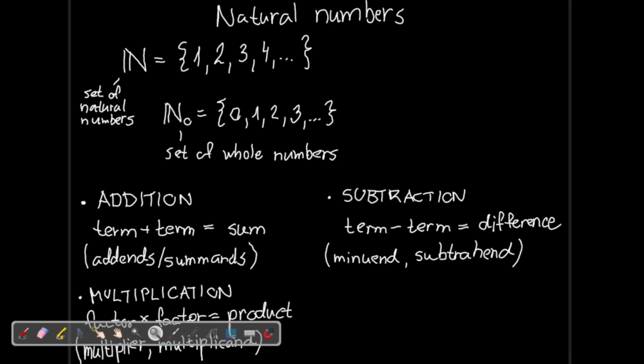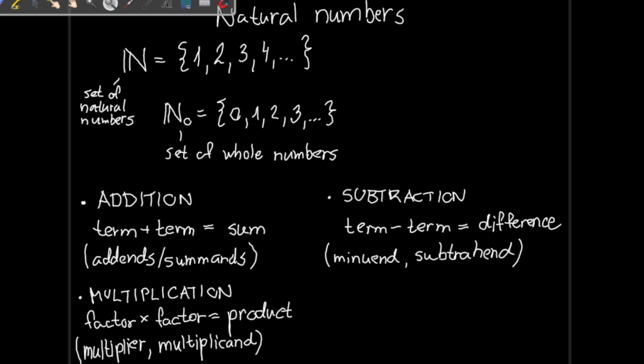Now for the final operation, I'll probably move that up here. The final operation is called a division. So here we have a dividend, and the second term is called a divisor. The result is called a quotient.